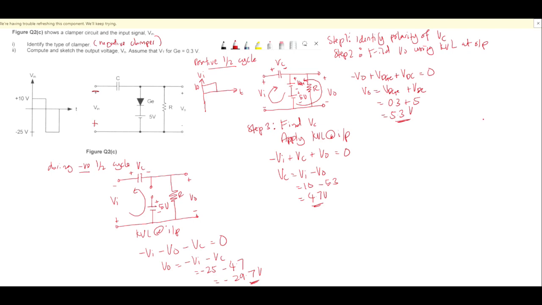Lastly, you need to draw the final output waveform. You can draw the input and the output waveforms so you can compare them. Here is t. 10 volt. Here is negative 25.